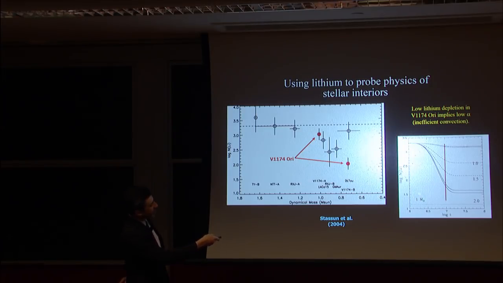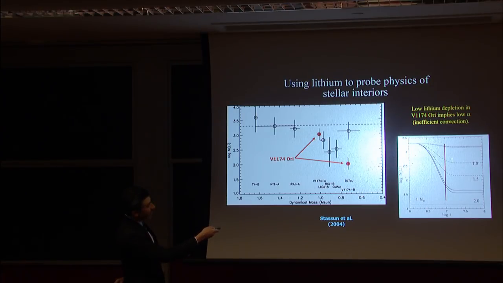And these are models. Remember, the higher mass star has a mass of exactly 1 solar mass, give or take 1%. Here are models of the surface lithium abundance with time for a 1 solar mass star during the pre-main sequence evolution. Here's the nominal age of the system. And you see that the efficiency of interior mixing has a very, very strong effect on how rapidly the surface lithium abundance gets depleted.